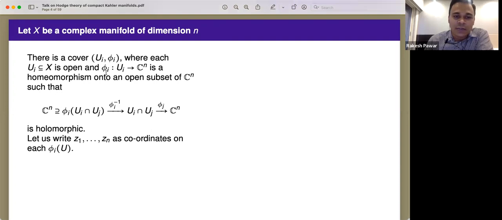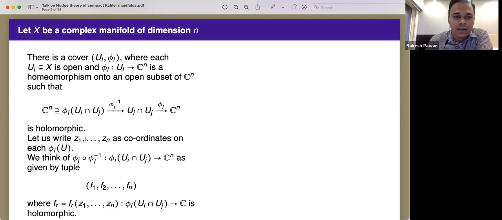Now Cn we can think of with coordinates z1, z2, ..., zn, and we can restrict those coordinates on each of these open subsets phi(U). Now we can think about these transition functions, which are holomorphic from an open subset of Cn to Cn, given by tuples f1, f2, ..., fn, where each f_i is a complex valued function, and each coordinate function is holomorphic.